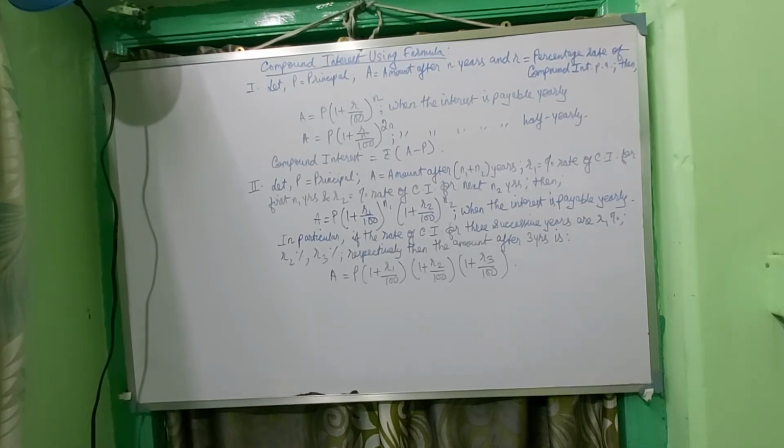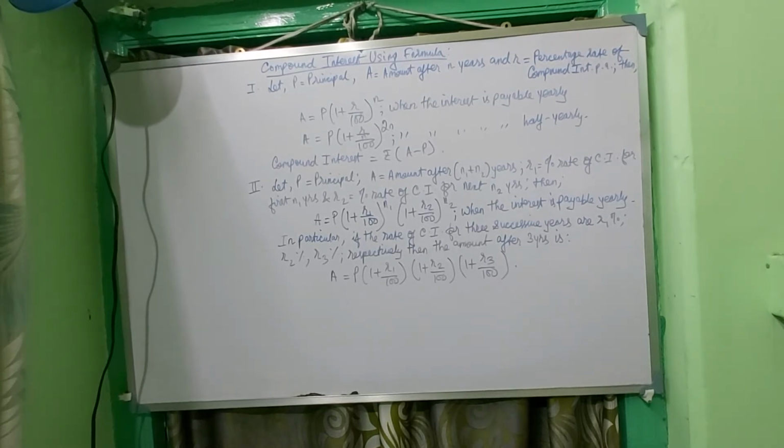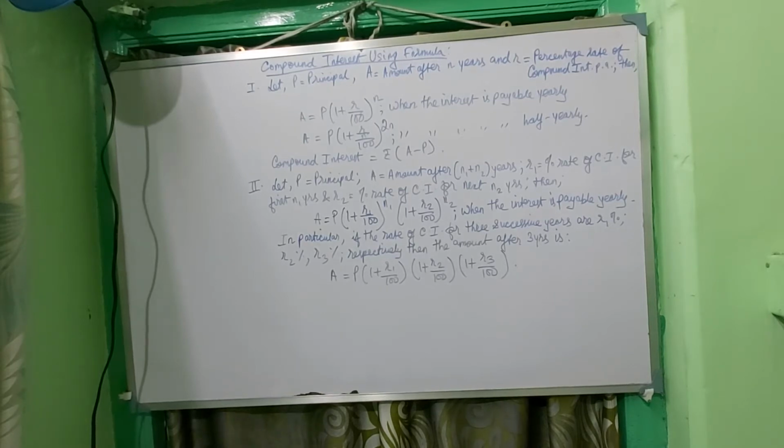Again, here the interest has to be paid annually. You can see in point 9 below I have also written that in particular, if the rates of compound interest for 3 successive years are R1 percent, R2 percent and R3 percent respectively, then you can calculate the amount after 3 years as A is equal to P into (1 plus R1 by 100) into (1 plus R2 by 100) into (1 plus R3 by 100), means all the percentages different.